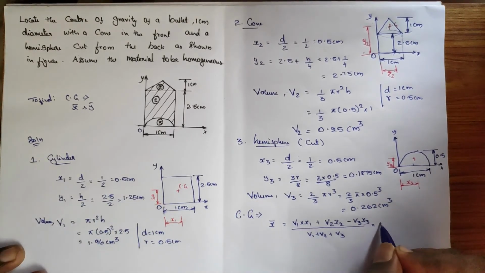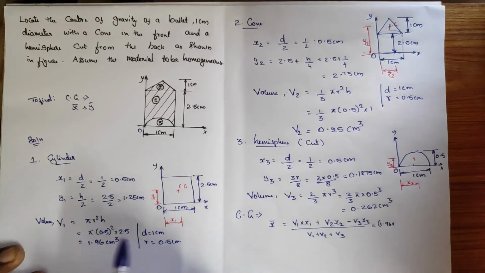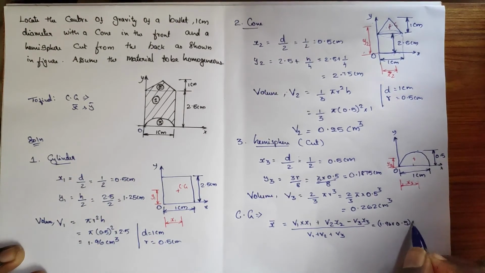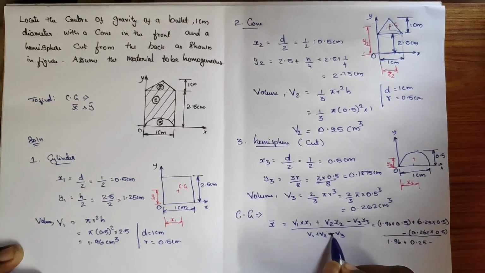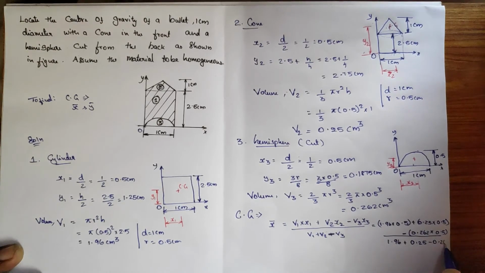So what would be the values? v1 is 1.96 into x1, which is 0.5, plus v2, volume 2, which is 0.25 into x2, which is 0.5, minus v3 value 0.262 into 0.5, which is x3, divided by 1.96 v1 plus 0.25 v2 minus volume 3, we need to subtract it, it's a removed section, so minus v3 value 0.262.